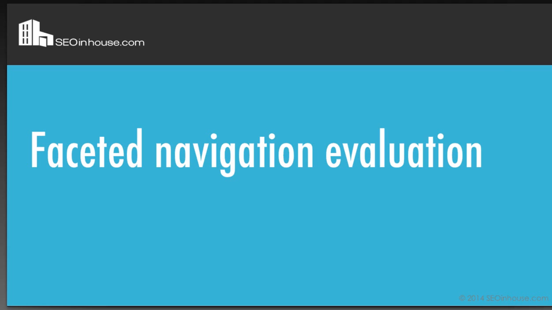That's what I call faceted navigation. It has many, many different names. But what somebody should be looking for is, okay, how is this creating duplicate content? Are there scenarios where the content is too thin and maybe you should be noindexing some of these pages? Do you want all the pages even to be indexed?